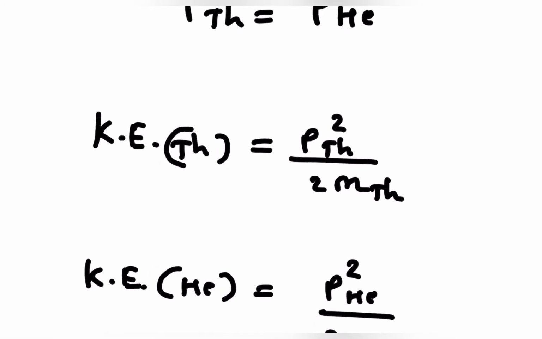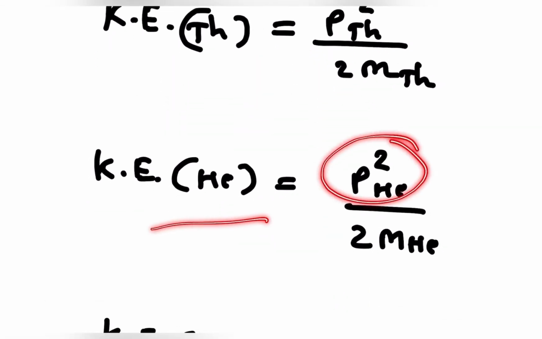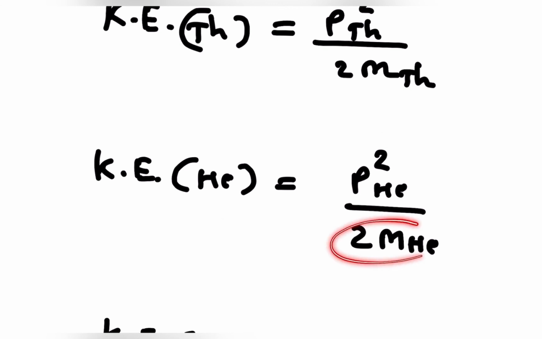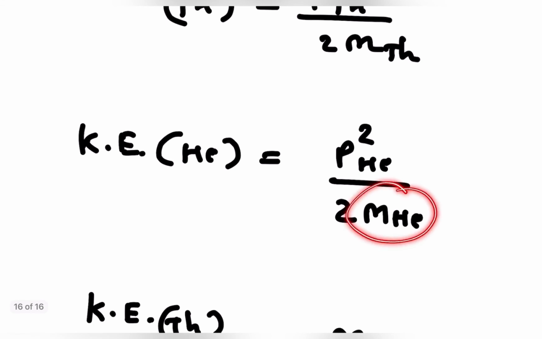Now according to the kinetic energy formula, that is P squared upon 2m, the kinetic energy of thorium is equal to P Th squared upon 2 m Th, and the kinetic energy of helium is equal to P He squared upon 2 m He. Here P Th is the momentum of thorium, P He is the momentum of helium, m Th is the mass of thorium, and m He is the mass of helium.